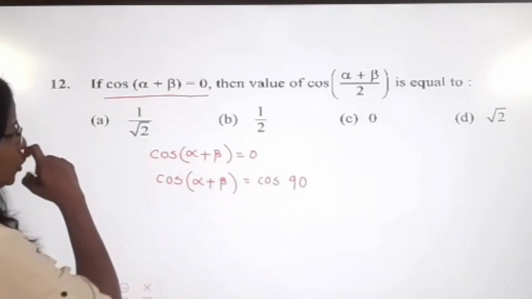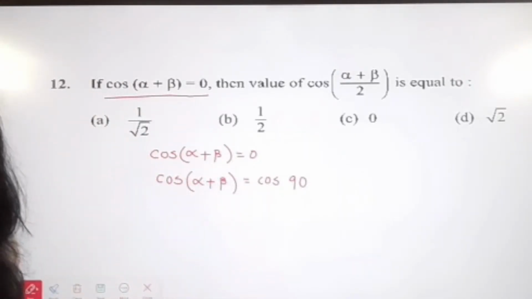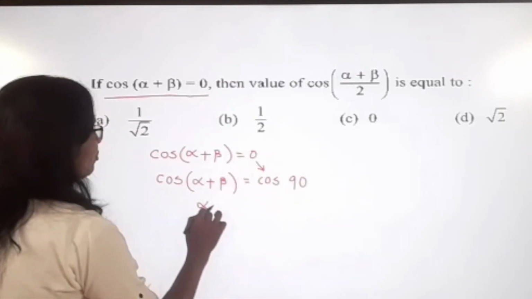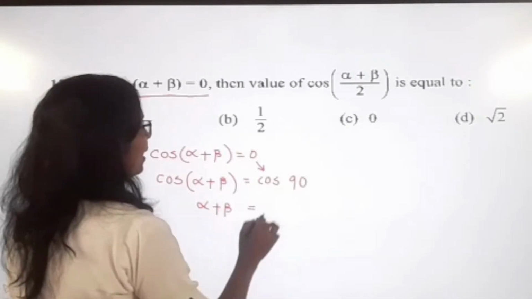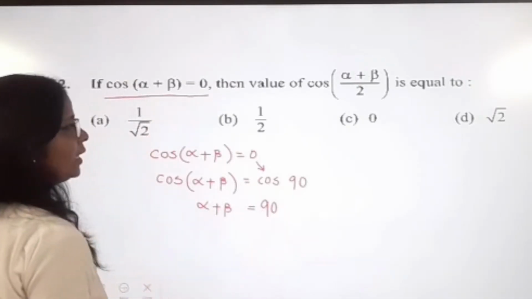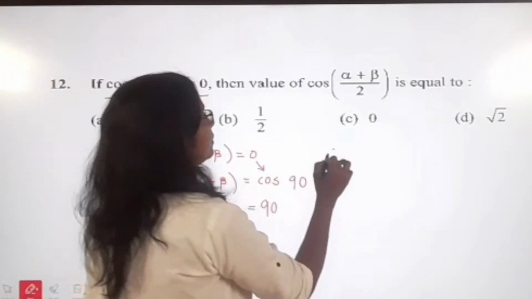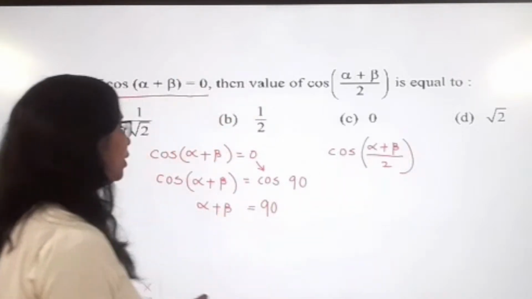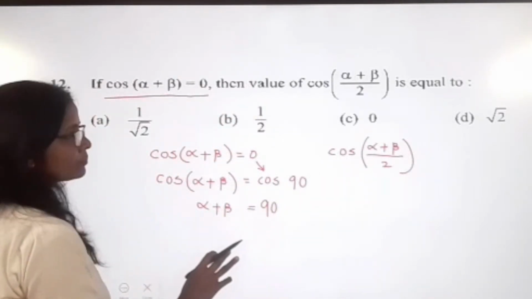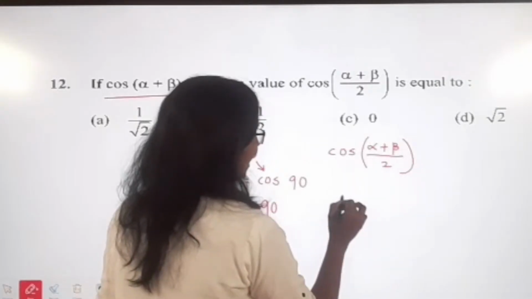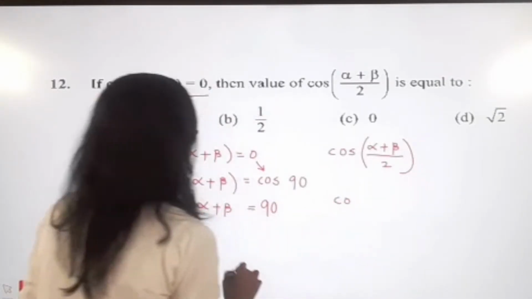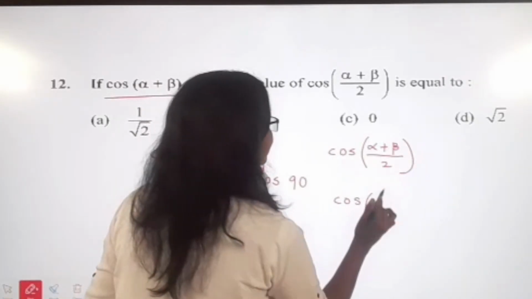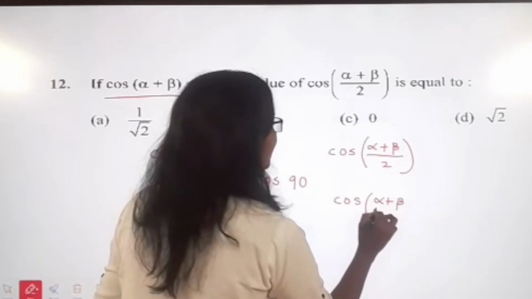Equating both sides, alpha plus beta is equal to 90 degrees. Now we have to calculate cos((alpha plus beta)/2), so we divide both sides by 2.